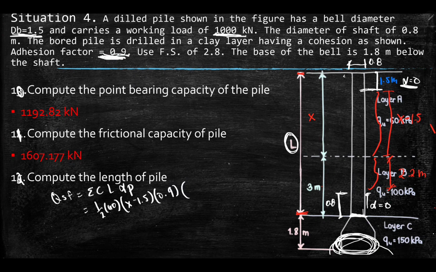So, perimeter, it's just the pi times the diameter of the shaft, 0.8. So, layer A pa lang yan ha. And next is itong layer na to. Okay, we have 1/2 times yung consider natin na cohesion is 1/2 of 100 times yung length niya is 2.2 meters times the adhesion factor na 0.9 times the perimeter.